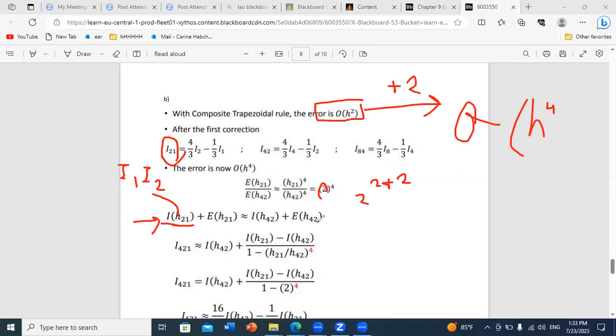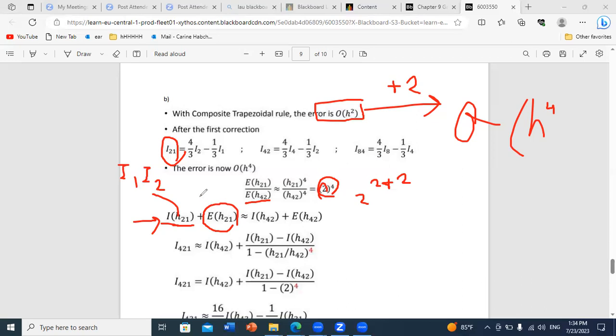Now, exactly as we did in the previous method, we want to compute the error. We need to get an approximation of the errors. This is why we can replace the error h21 by its expression from here. It is equal to the error h42 times 2 to the power 4 now, instead of 2 to the power 2.